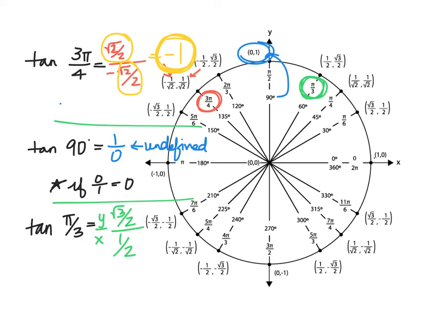Even if you don't know all the rules, if you try to simplify that at all, hopefully you see, well, they're both divided by 2, so maybe I can just cross those out, which you can. And so then this is just square root of 3 over 1, which is the same thing as just the square root of 3, because anything divided by 1 is itself. So the answer to that one would just be the square root of 3.